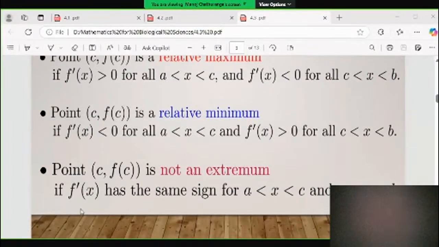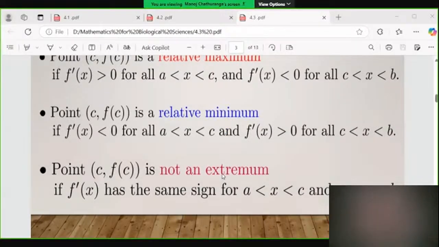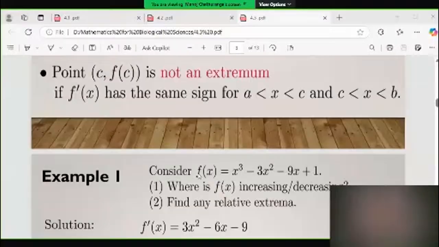If the derivative has the same sign around C, don't call it an extreme point. We call it an inflection point.